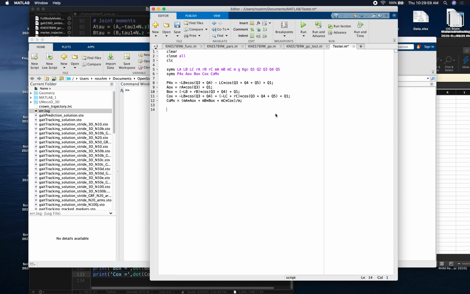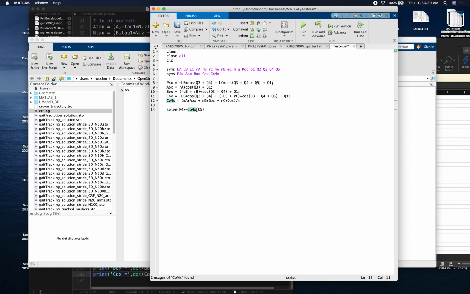Okay, and so how do I now derive an expression for Q5? You can use the solve command in MATLAB to say, tell me the solution to this expression here, and give it to me as a function of Q5, or solve for Q5. So here I did P4x minus COMX.